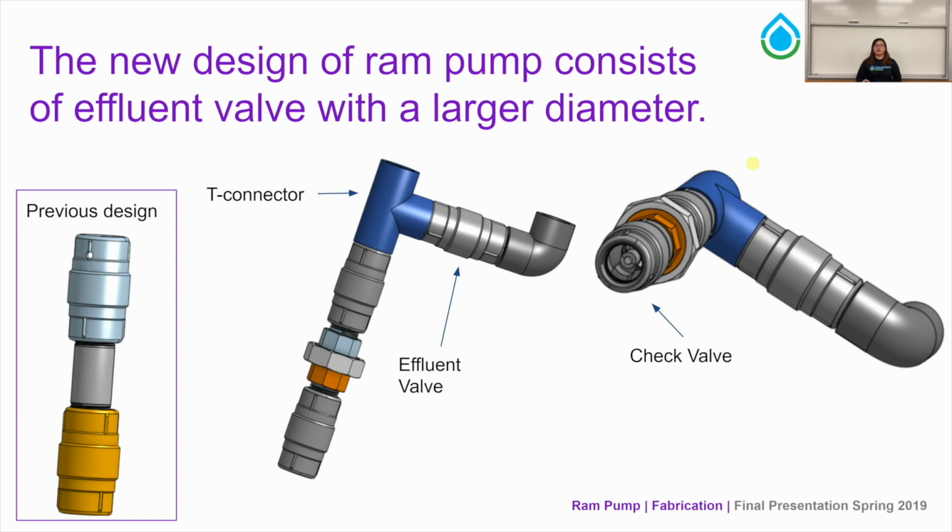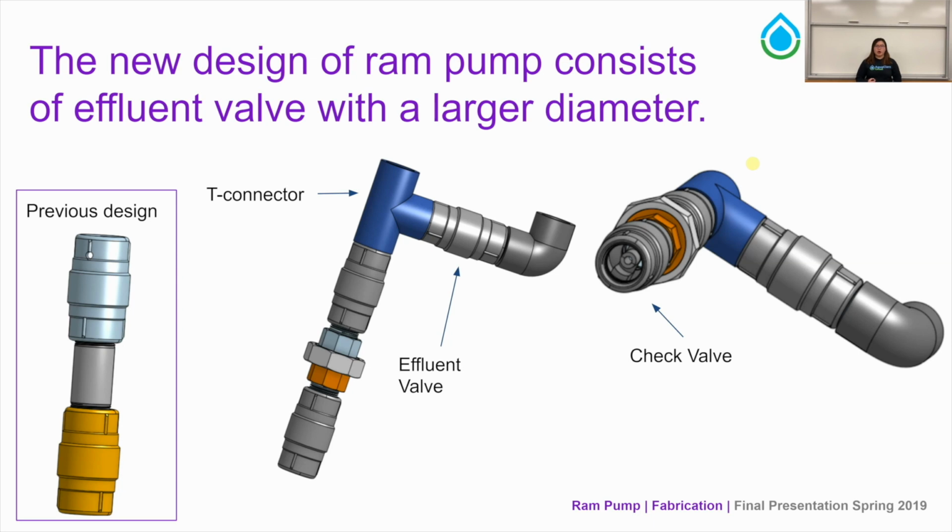Therefore we came up with this new design where we use T connectors and a check valve at the effluent valve or waste valve, so that the effluent valve is at 1 inch diameter, the same as the diameter of the check valve. We use this new design in order to eliminate as much head loss as we could at the effluent valve.